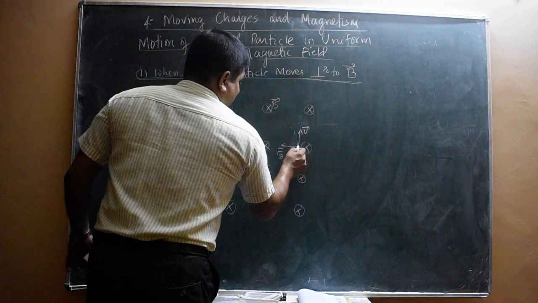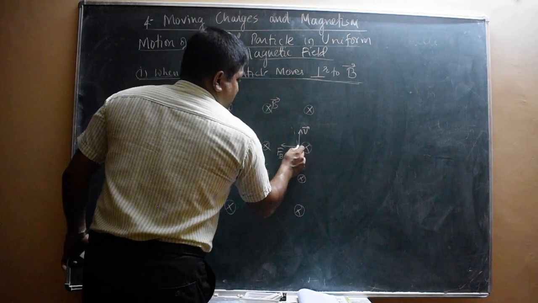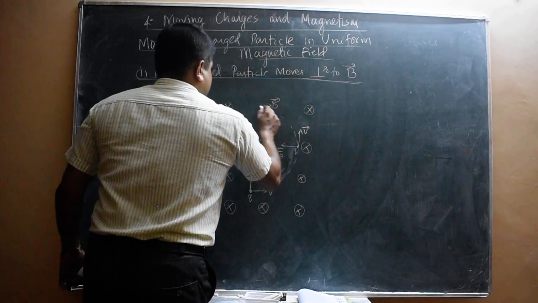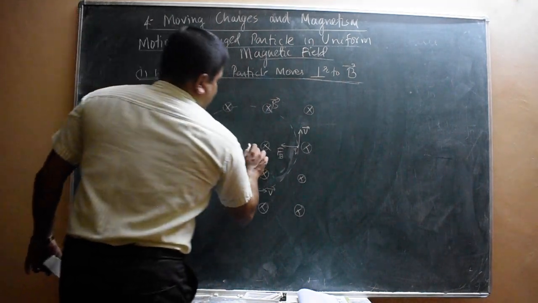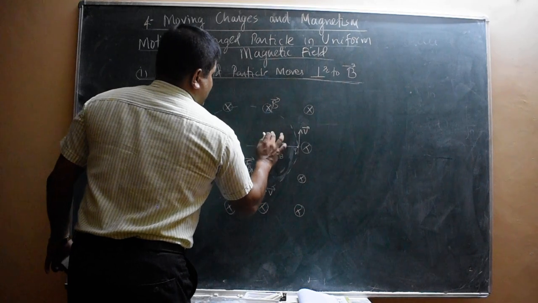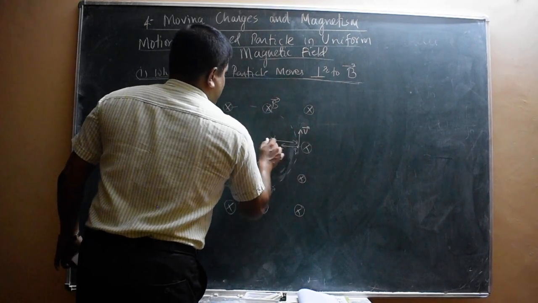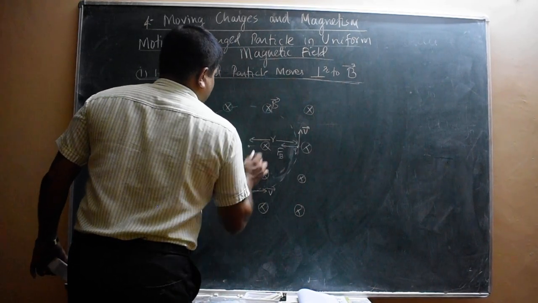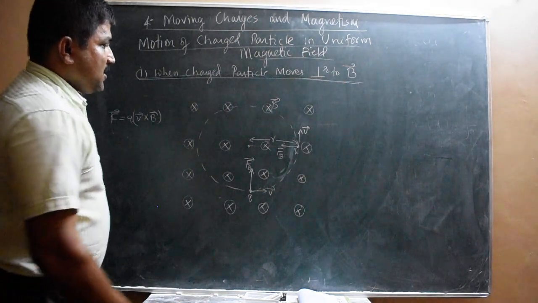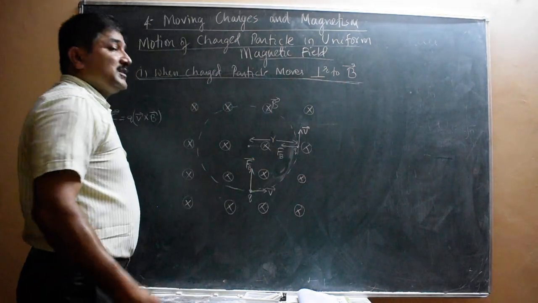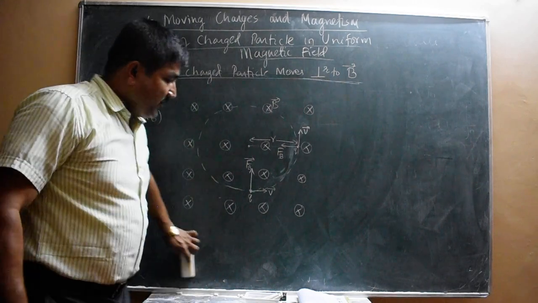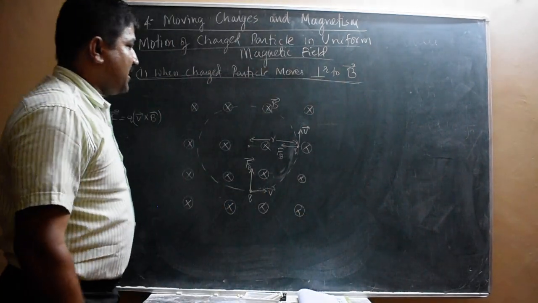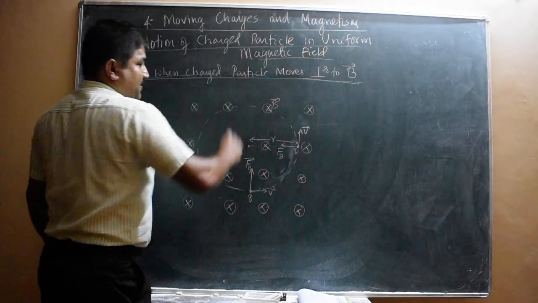So now because of this force continuously acting on the charge Q, it will describe a circular path like this. So circular path of radius R. The charged particle describes uniform circular motion in the magnetic field. Whenever the charged particle moves, it describes a circle.